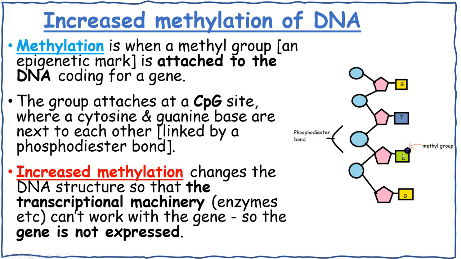And the group always attaches at a CpG site. This is where a cytosine and a guanine base are next to each other, linked by a phosphodiester bond. And if there is increased methylation, this changes the DNA structure so that the transcriptional machinery, like the enzymes, can't work with the gene, and therefore the gene is not expressed.